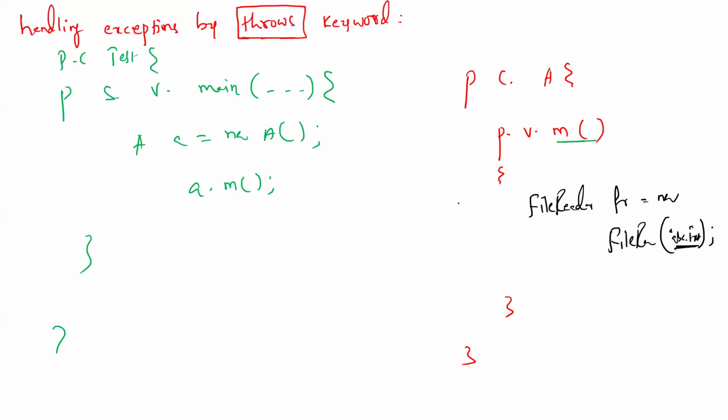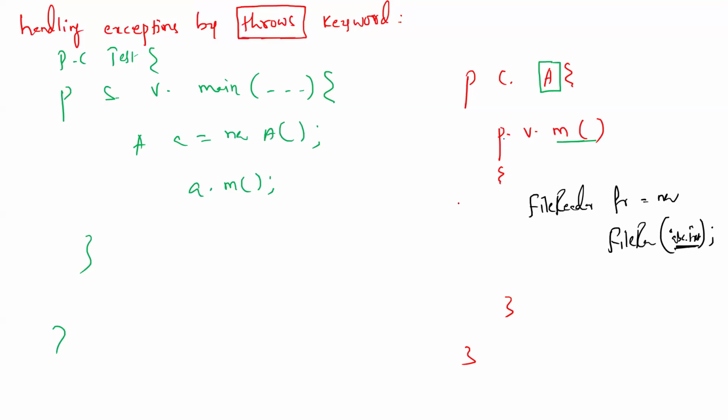Now the person writing this class A maybe doesn't know how to handle the exceptions, or is not authorized to handle them by using a try catch block. In that scenario, this person has to throw the exception by using a throws clause. So far we have used the extends keyword and implements keyword in a class header, but this is the first time we are writing something in the method header.